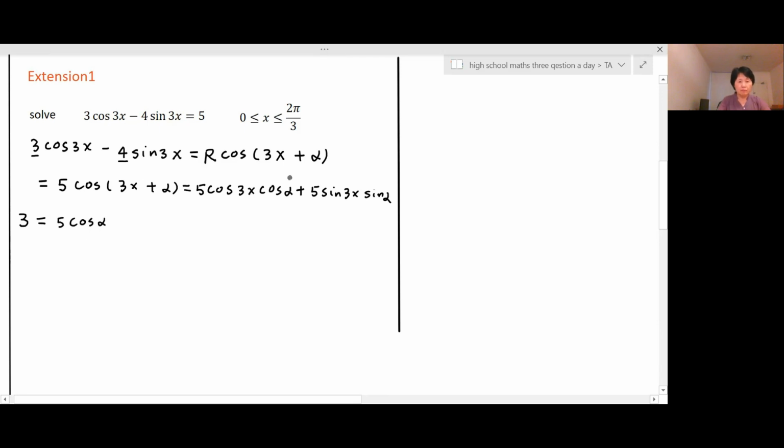Sorry, this one, this sign will be minus. Okay, so minus, I just don't care about the sign. Then sine 3x front digit is 4, equal to the sine 3x front digit, which is 5 times sine alpha.